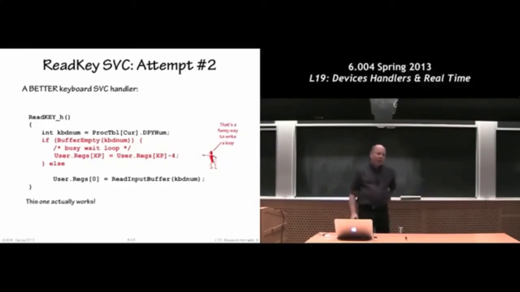Yes, ma'am? Don't you only have like the time it takes to implement one instruction, which is extremely fast? It's extremely fast, but remember what we're doing is that somewhere along the line in this complicated loop, in which we have a lot of instructions in kernel mode and one instruction in user mode, somewhere in that list of instructions, the interrupt request will be asserted.